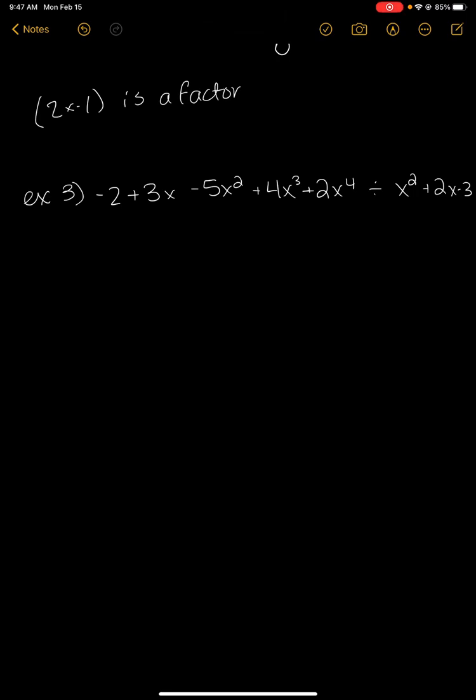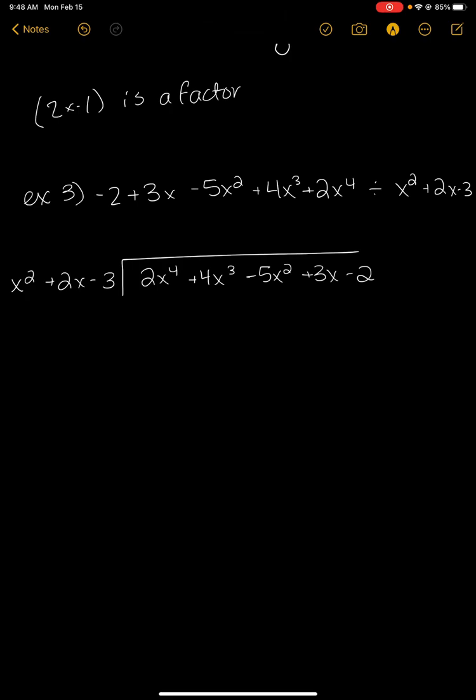And so to divide it, we want to make sure that the dividend is in descending order. So we'll start with 2x to the fourth, plus 4x cubed minus 5x squared plus 3x minus 2, and it's divided by a 3-term polynomial, so a trinomial.